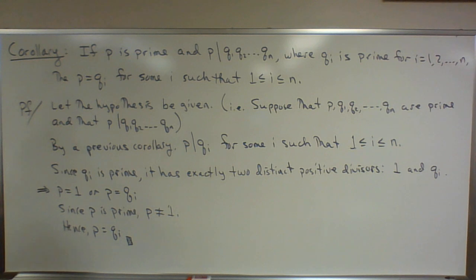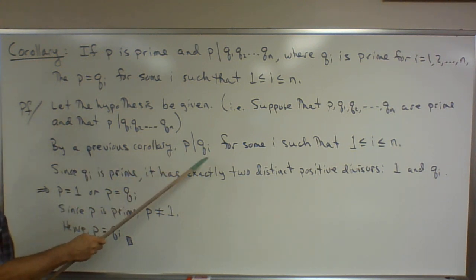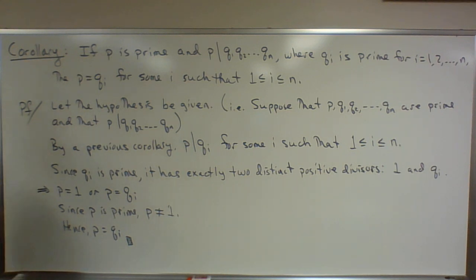By a previous corollary, P has to divide one of these factors. The corollary said something to the effect that if P divides a product, then P divides one of the factors of that product. So if P divides A1 times A2 times A sub n, then P has to divide one of those factors.